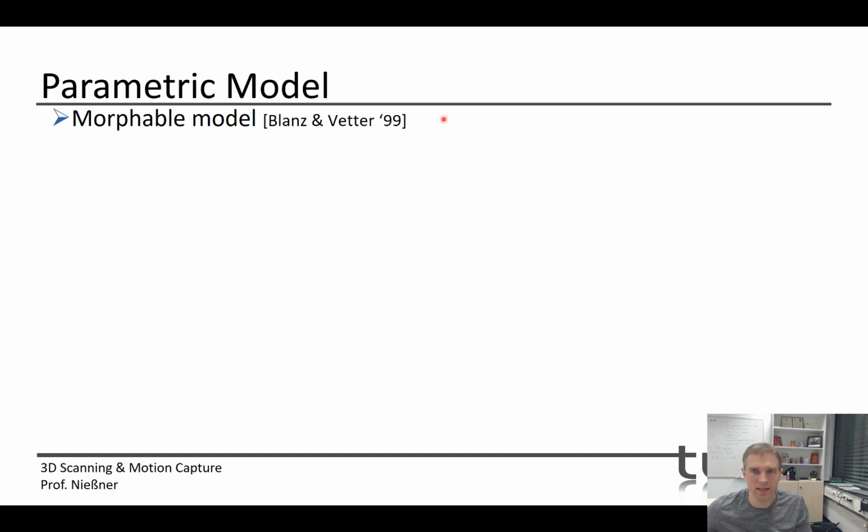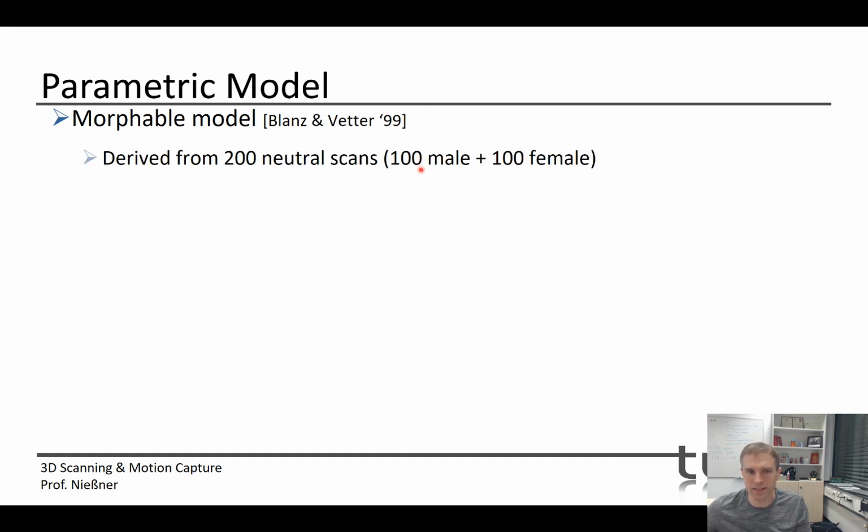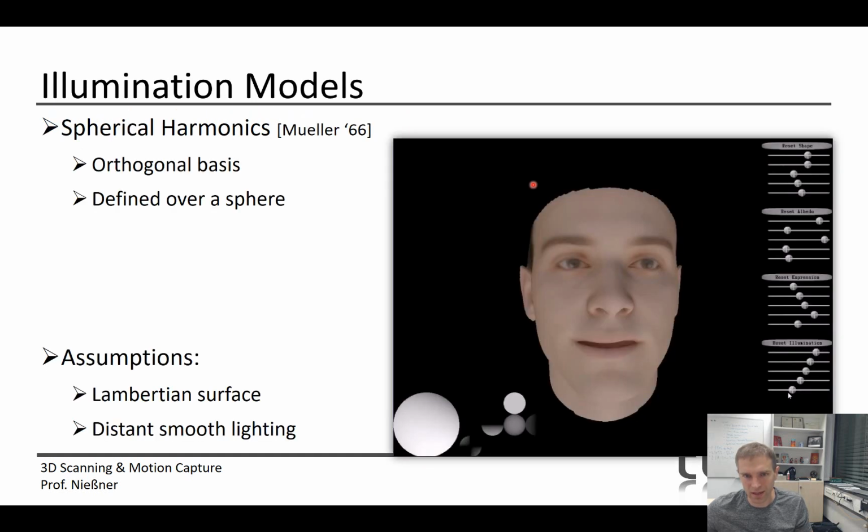And the idea here is that you basically have neutral 3D scans of human faces with a very high quality scanner. In this case, you're taking 100 male, 100 female candidates that you want to scan. They all are assumed to have the same expression. So if you're going back here quickly, that's only shape and albedo we're considering.